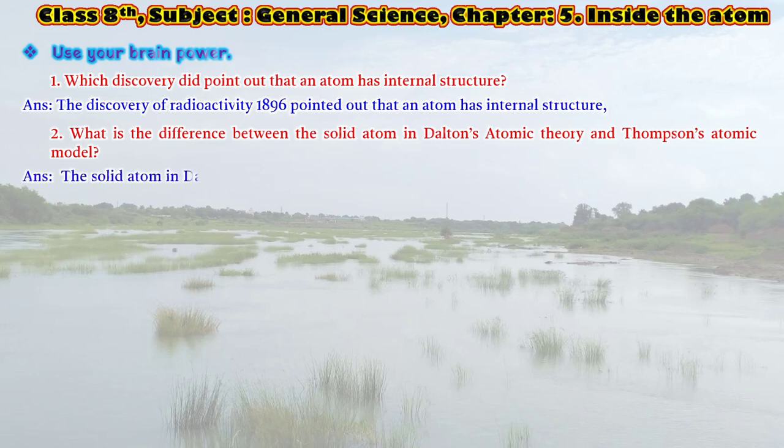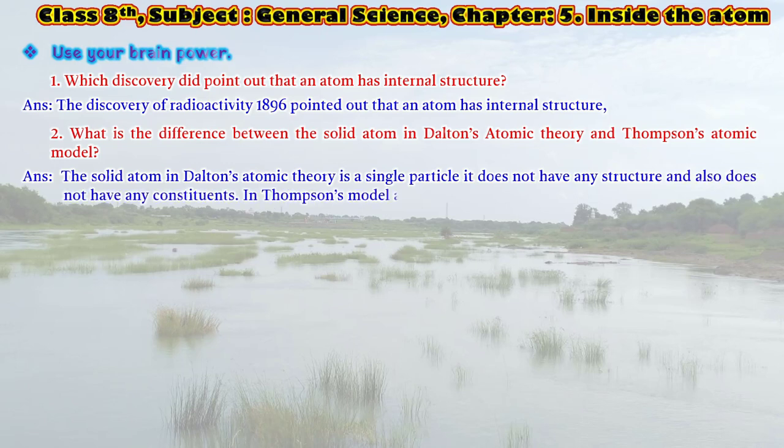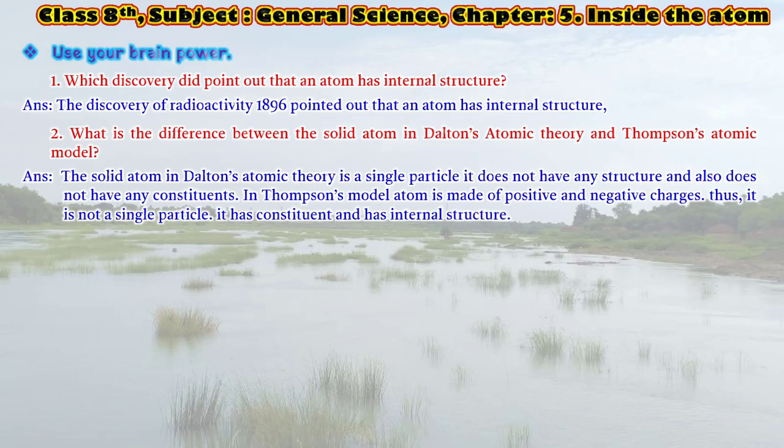Its answer is: the solid atom in Dalton's atomic theory is a single particle. It does not have any structure and also does not have any constituents. In Thomson's model, the atom is made of positive and negative charges. Thus, it is not a single particle. It has constituents and has internal structure.